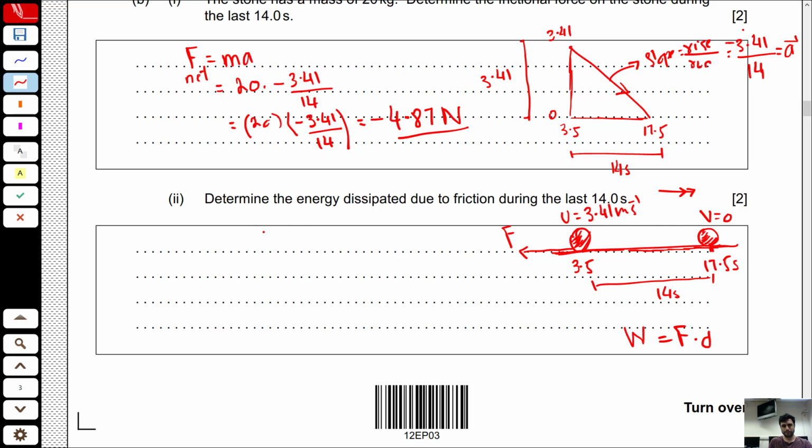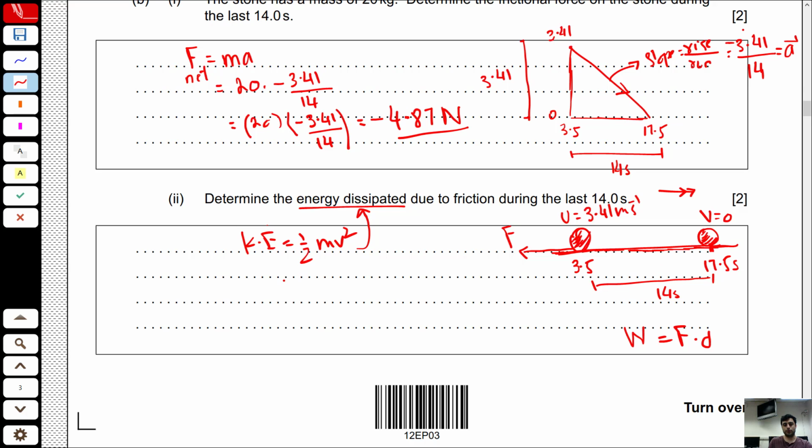So the entire energy dissipated is because of the initial kinetic energy the body had at the beginning of the motion. That entire kinetic energy, which equals half mv squared, gets dissipated into work done against the frictional force.